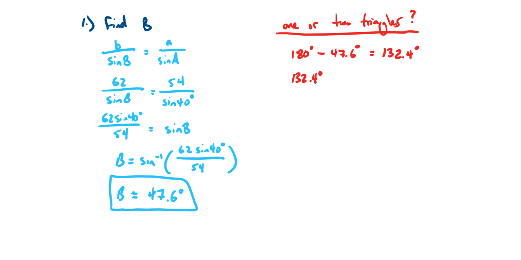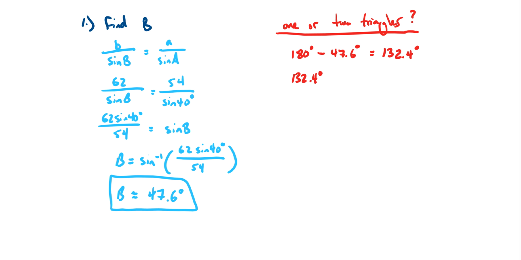Obviously this isn't one of the interior angles. Once again, this is just telling us whether or not we have room to have another possible triangle, which we do because this is less than 180 degrees. So since this value is less than 180 degrees, this is going to end up giving us two triangles.